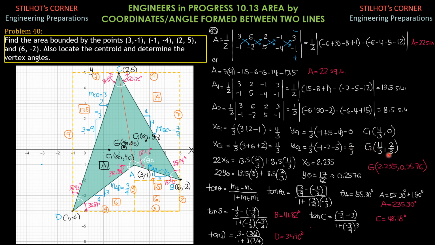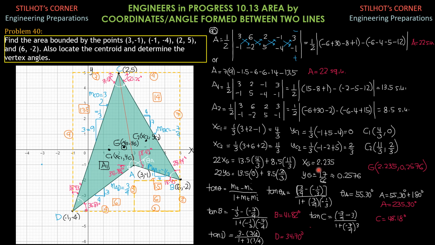Then we apply Varignon's theorem. Area times x sub g, the centroid of the entire region, is equal to area 1, which is 13.5, times x sub c1, 4/3, plus area 2, 8.5, times x sub c2, 11/3. Using your calculator, x sub g, the centroid of the entire region, is at 2.235.